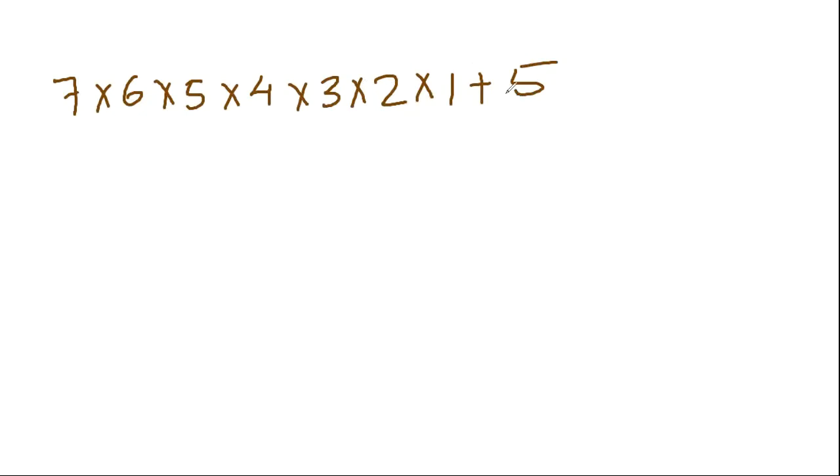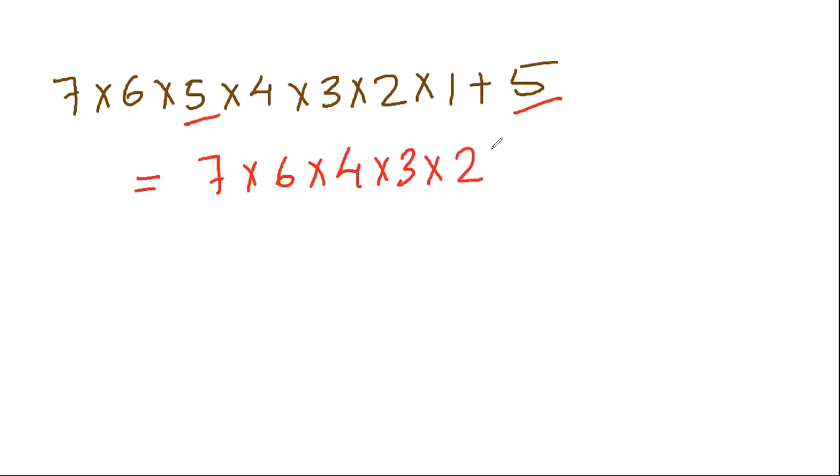Here 5 is a common term, so I can take both these 5s outside and rewrite this as (7 into 6 into 4 into 3 into 2 into 1 plus 1) into 5.